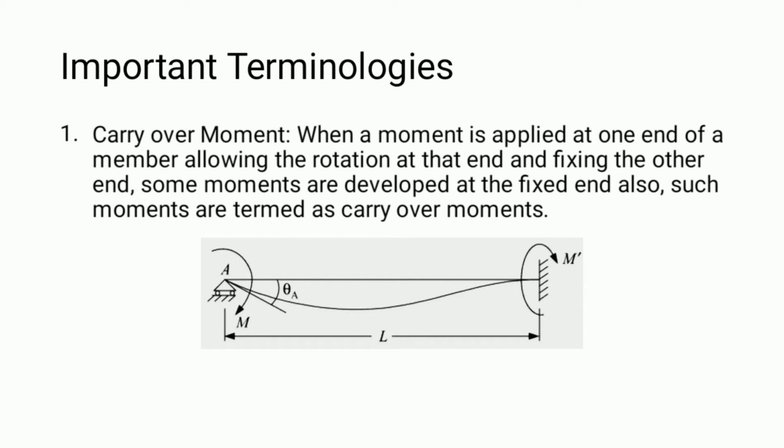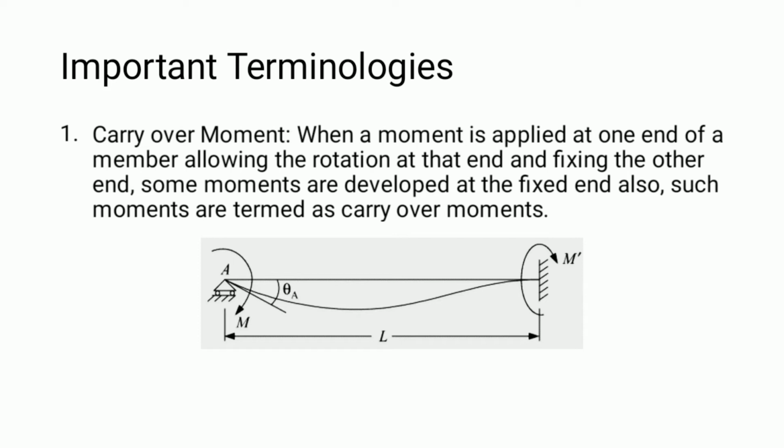So when a moment is applied at the non-fixed end of a member, allowing that end to rotate, in the other end, that is the fixed end, some amount of moment is also developed, apart from the applied moment.